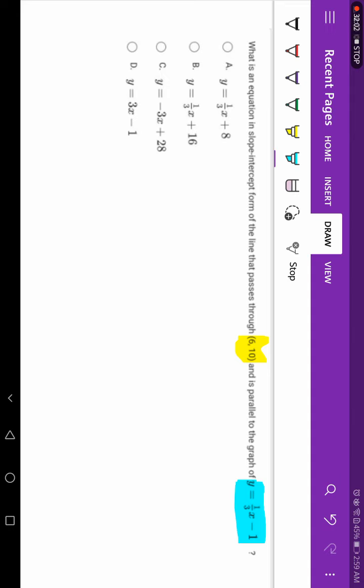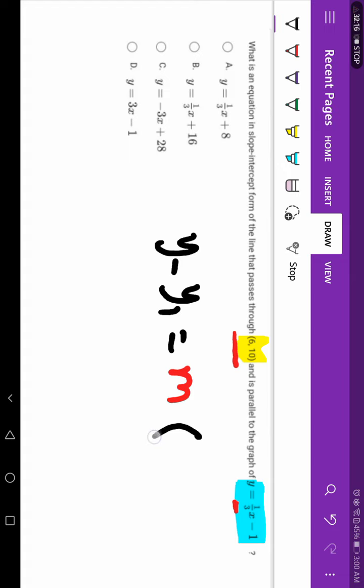Why? Because you have a point and you have the slope from the equation, and you can use y minus y1 equals m multiplied by x minus x1. But teacher, this is not the slope-intercept form. Yes, I know. This is the first step to solve this.